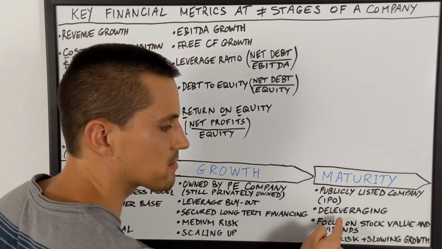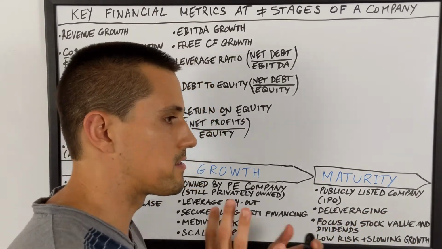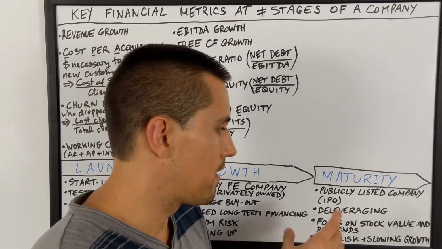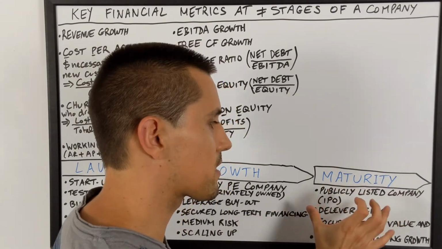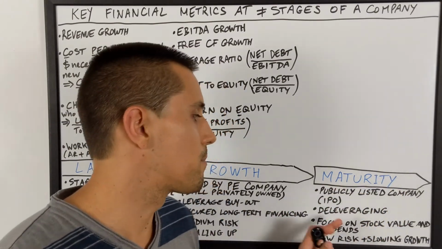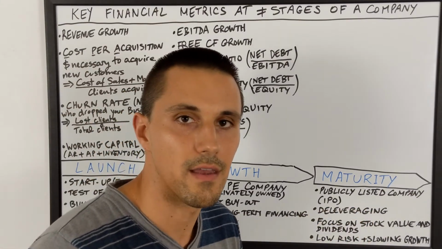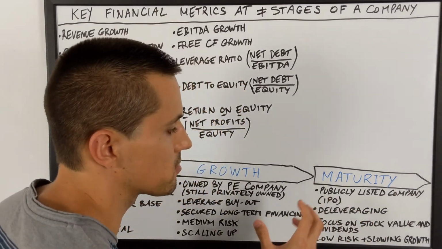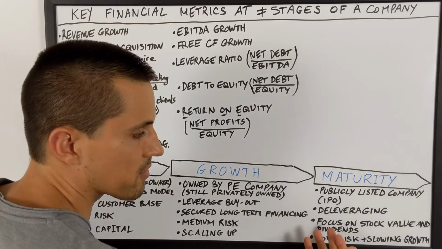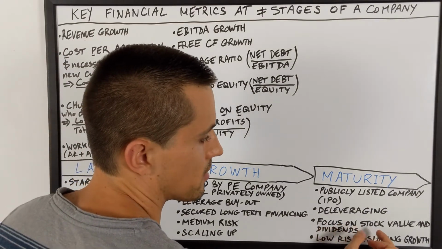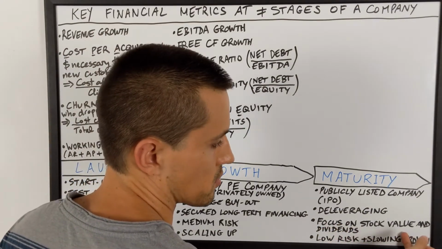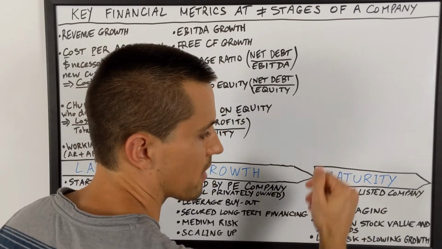That's very important, because if you're not able to deleverage and still have a very high amount of debt at the maturity phase, especially if you're a listed company, you're going to be hardly punished by the investors here and by the stock market. Here, obviously, the focus shifts to the stock value and making sure the stock value goes up.